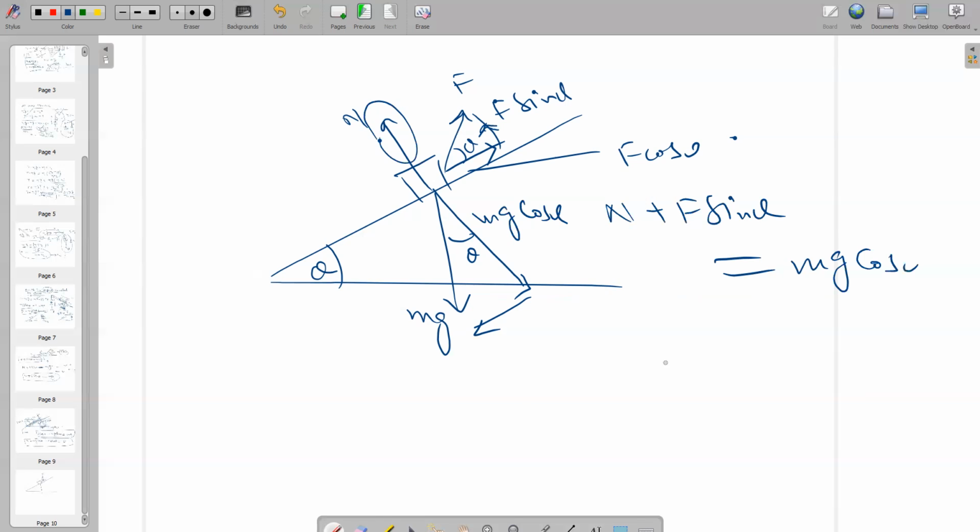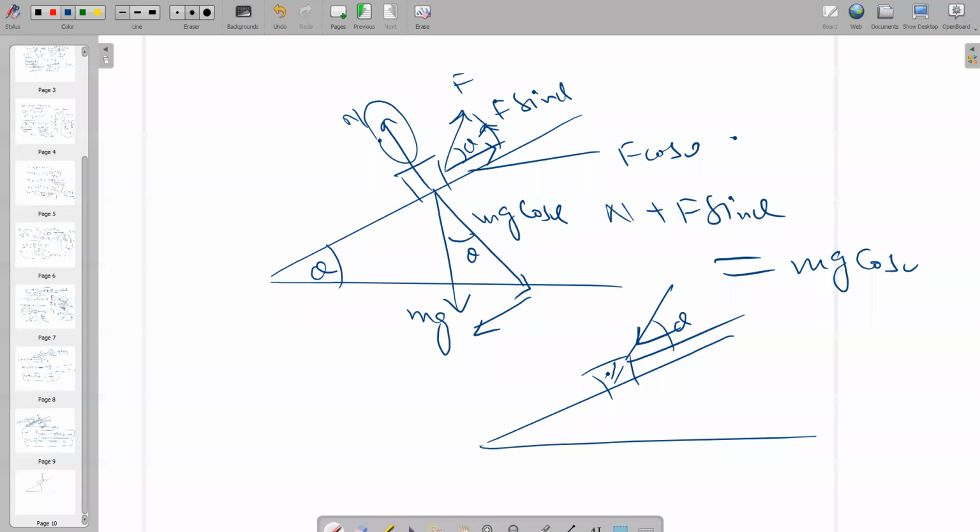The other situation is what? The force is acting like this one. Here it is like upward, here it is like inside, and making an angle theta. So make the components. Here you can see the component direction is upward, but here the component direction is downward. Now you can solve it.